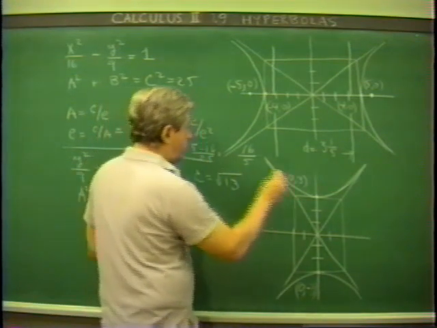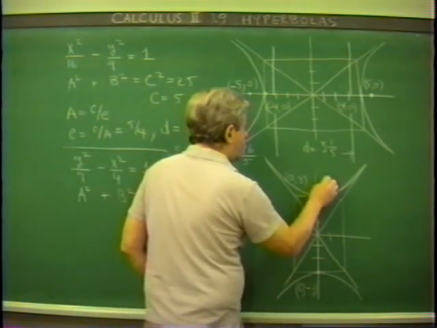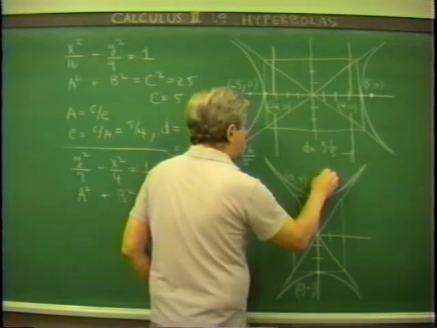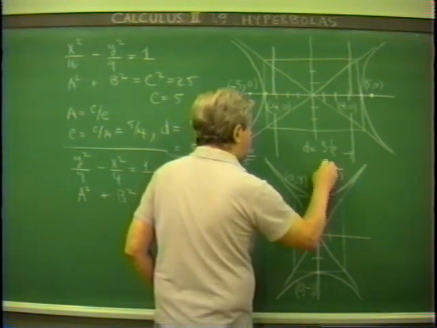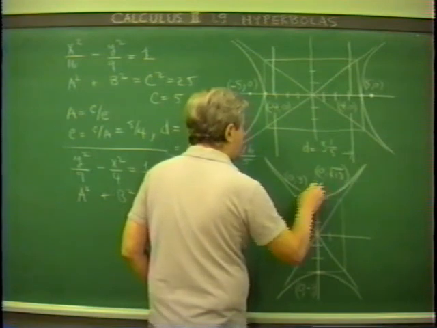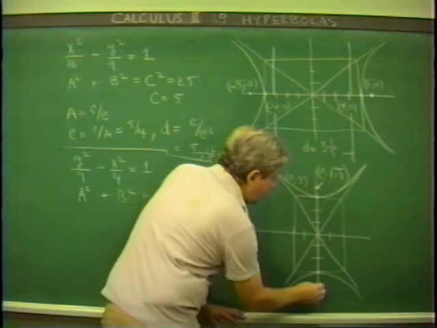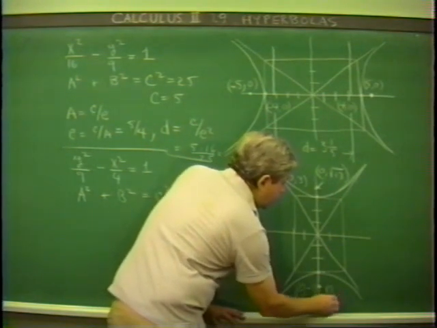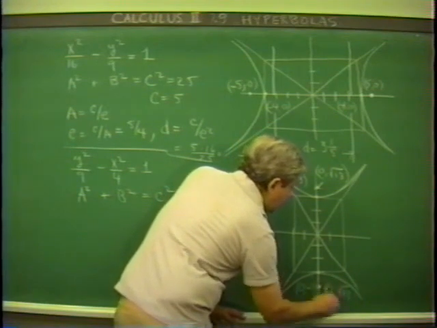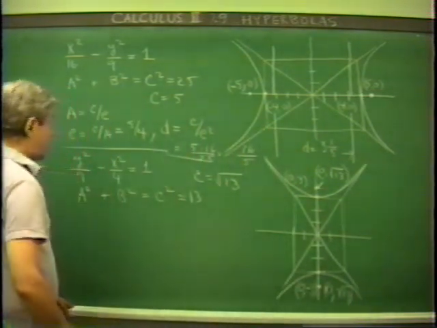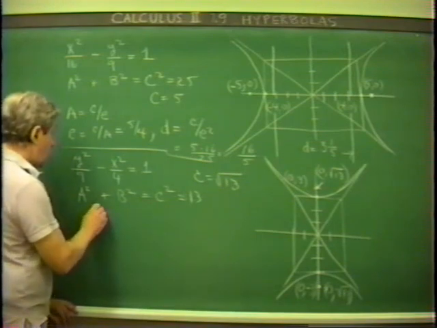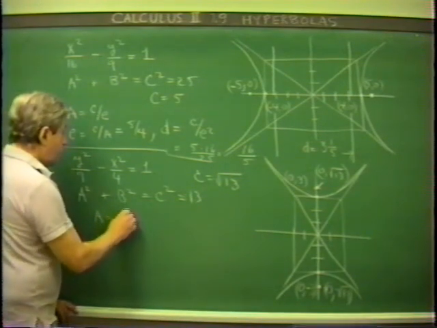So we have a focus here then at the square root of 13. It's a little more than 3. So this is 0, comma, square root of 13. And another focus matching down here at 0, minus the square root of 13.